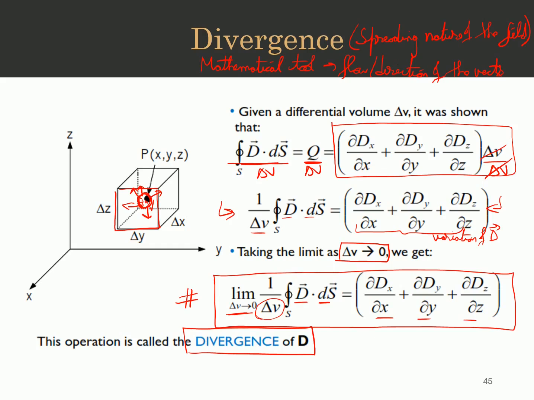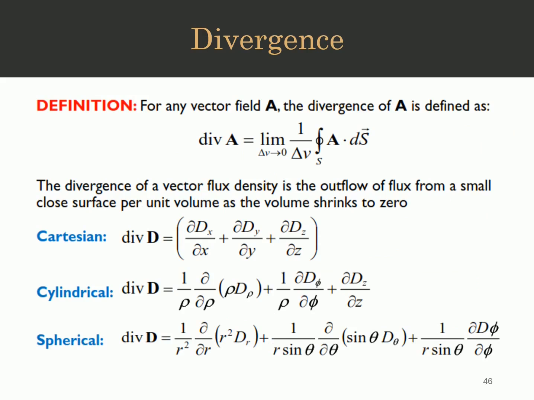Keep in mind, divergence can be applied to any vector. Here it is applied on D, which is the electric flux density, but we can apply it to any vector field.